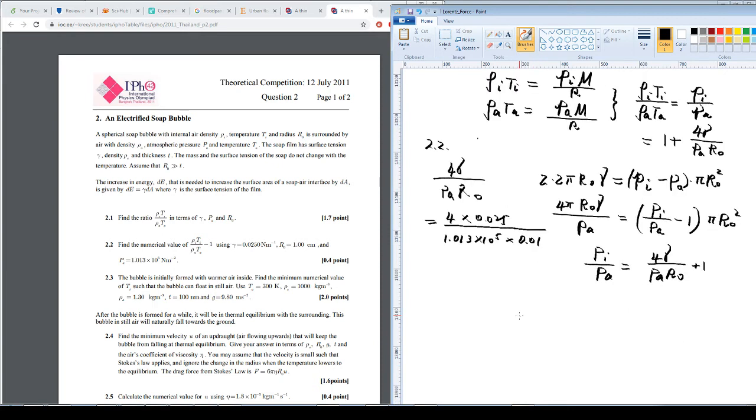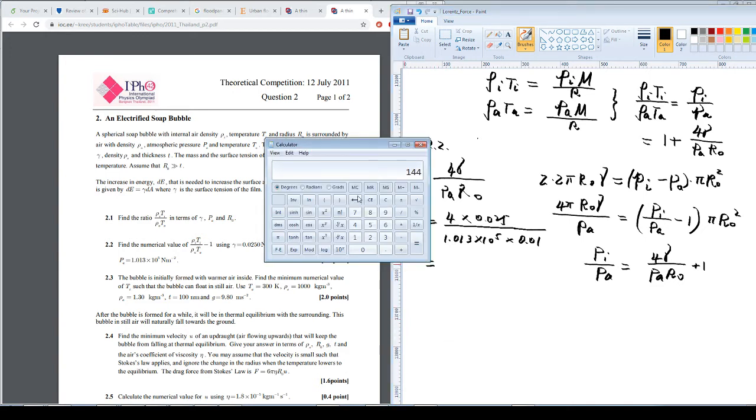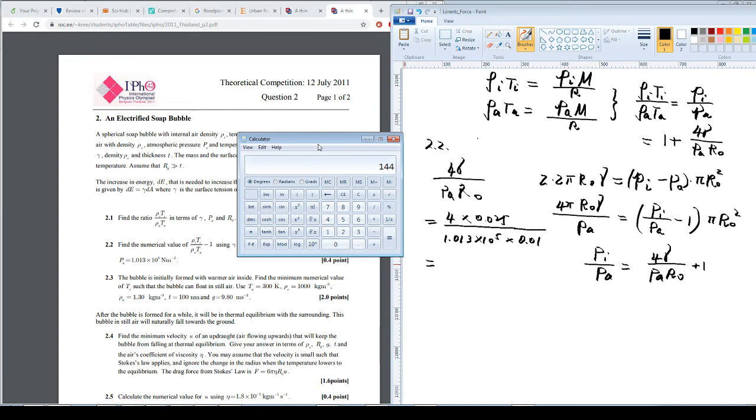And how much is this number? Four times 0.025 divided by 1.013 divided by 0.01 is 9.88 times 10 to the negative 5. It's a very small number.